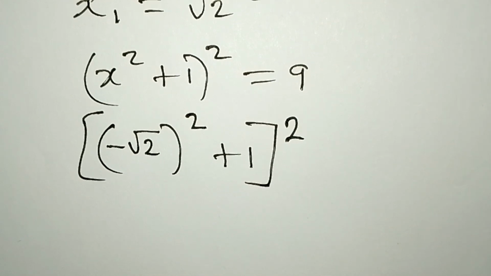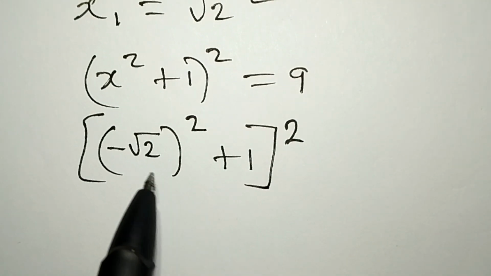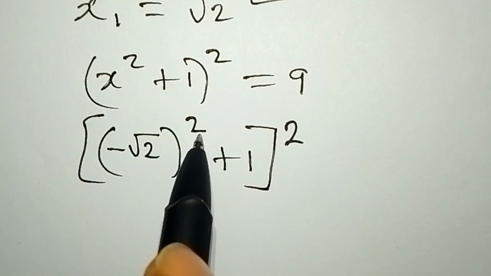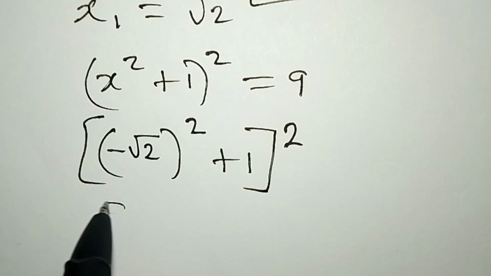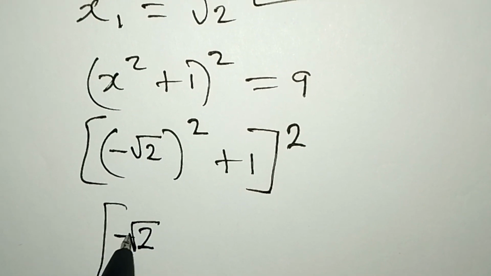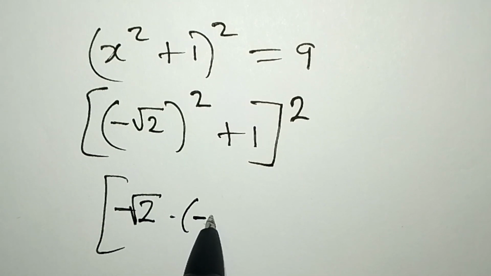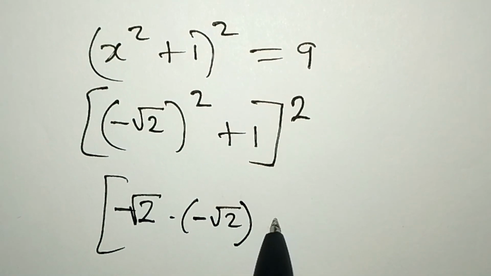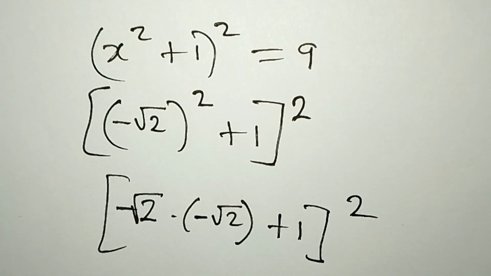But remember, do not let the square root cancel the square because of that negative. What you should do is try to multiply it and see what you will get. So we have negative root 2 multiplied by negative root 2 because of that square, plus 1. And then whatever we have, we are squaring it.